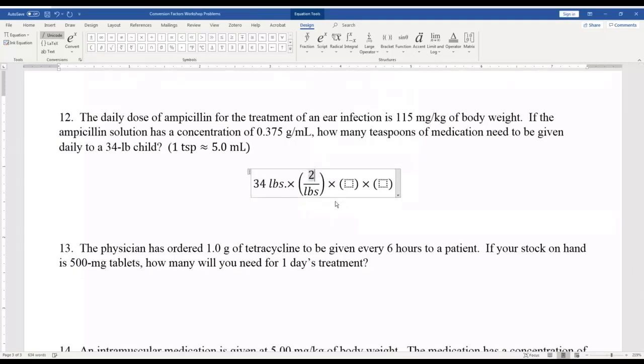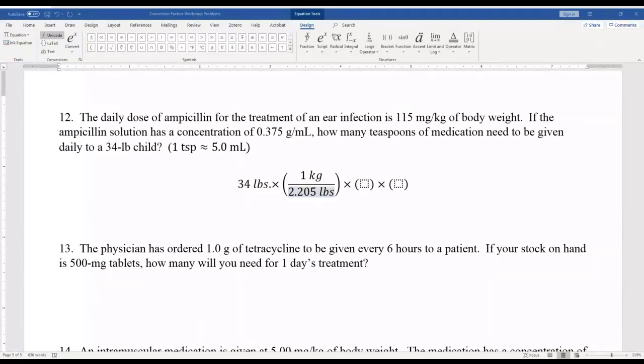So that would be kilograms, and I'm sure you did 1 kilogram is equal to 2.205 pounds, am I right? Or 2.2 pounds? Yep, that's what you used, correct? Oh, okay.